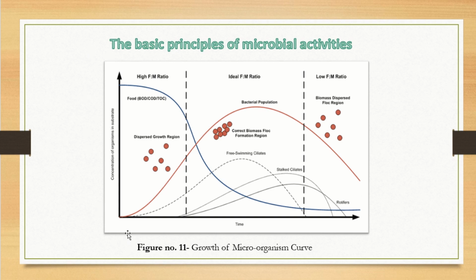We can see in the graph, in the initial phase when our microorganism is just trying to start growing itself, in the lag phase, the food concentration is very high. That's why there is a high F by M ratio. It means in this lag phase, the efficiency to treat the waste would be less because of the high F by M ratio.